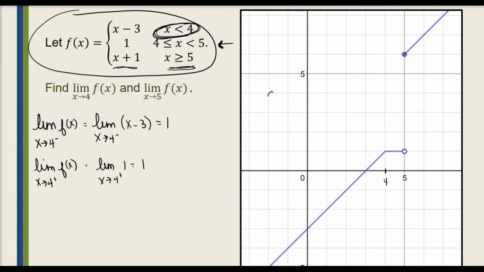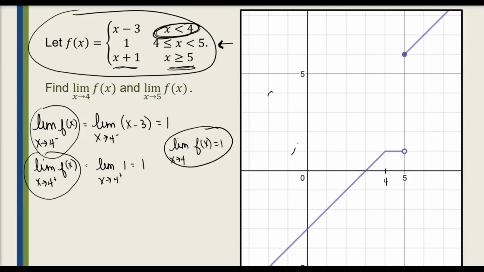So since the limit as x approaches 4 from the left of f of x and the limit as x approaches 4 from the right of f of x are both equal to 1, then we can say the limit as x approaches 4 of f of x is also equal to 1.